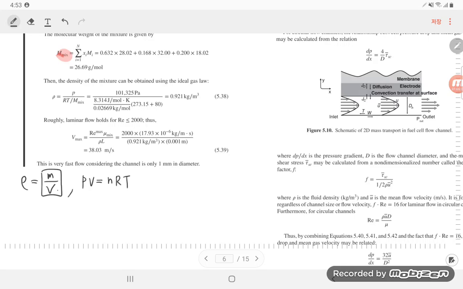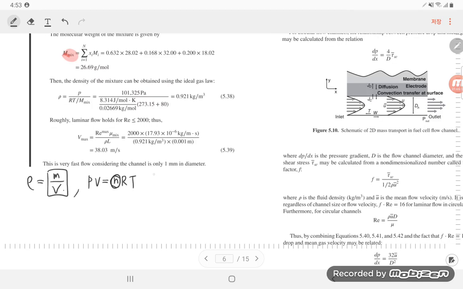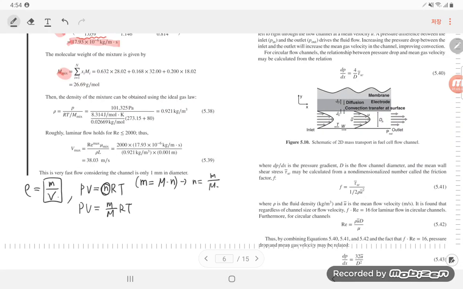Remember this is rho, and from the ideal gas equation, PV equals nRT. And in here, this n is mole number, right? And how can you convert it to the mass? If there is a molecular weight and if there is n mole, then that is the mass of the gas. Then we can convert it to small m over capital M. Then PV is expressed in this form.